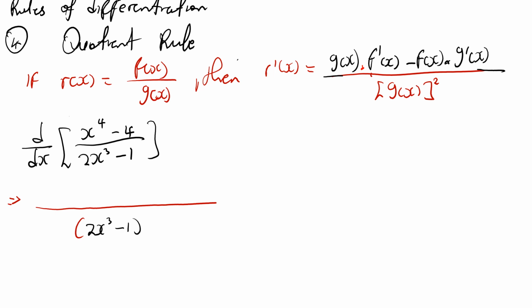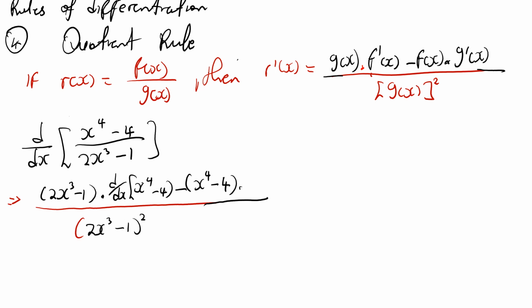Then we write it here, 2x cubed minus 1, and multiply it with the derivative of the numerator, x to the power of 4 minus 4, minus, we write our numerator x to the power of 4 minus 4 and multiply it with the derivative of our denominator, which was 2x cubed minus 1.